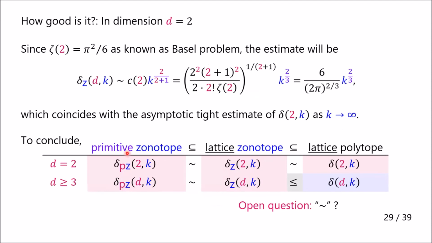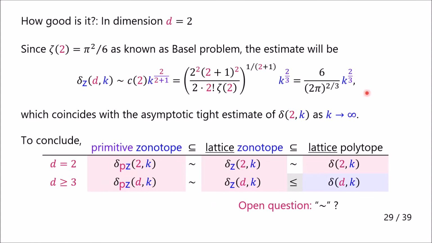And now let me explain how good our result is. To this end, let us look at the case in dimension 2. Since the value of the zeta function at 2 is given like this, known as the Basel problem, the estimate in the theorem will be like this.